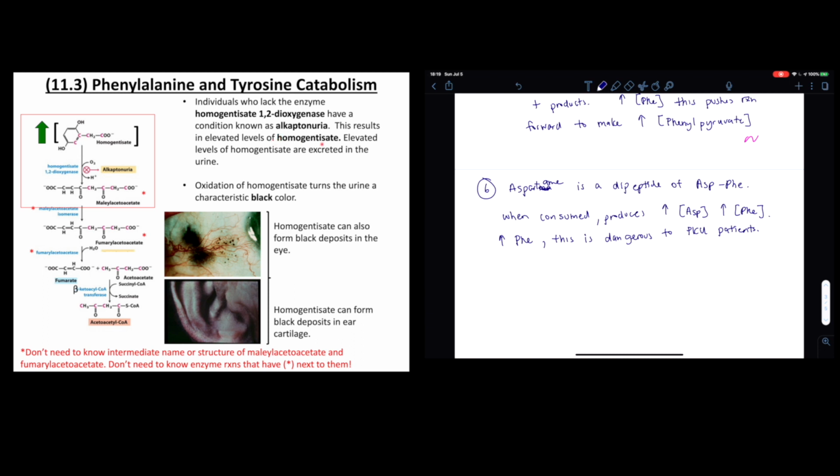They have a high concentration of this, and they're going to find high levels of it in their urine. Oxidation of homogentisate turns the urine this characteristic black color, and it can also form black deposits in the eye. You can also get black deposits in ear cartilage as well. So these are hallmark features of this alkaptonuria disease.